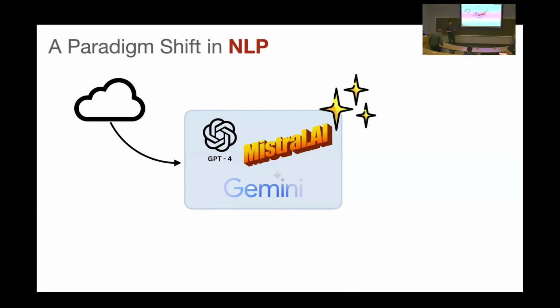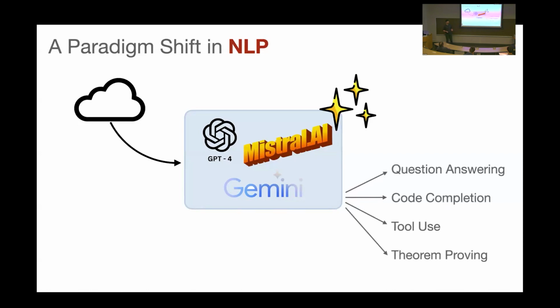You maybe sprinkle on a little bit of your own data for whatever task you care about. It may be in context, it may be fine-tuning. And then you get a model that can do a lot of different tasks, right? Not just one, but it can actually do most of them. And it turns out that it can do most of them better than if you had started training a model only on that task.